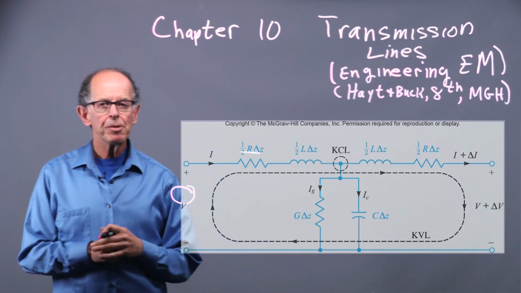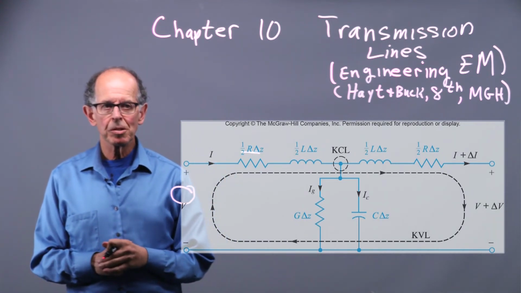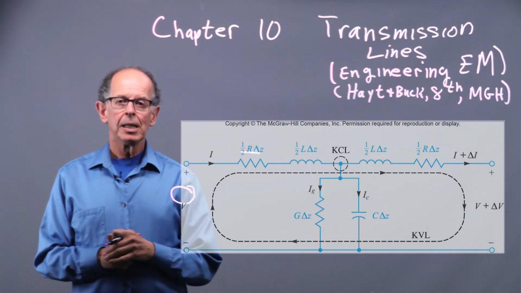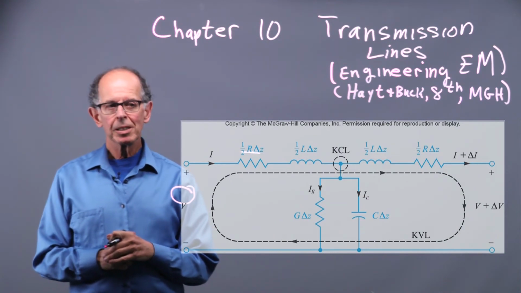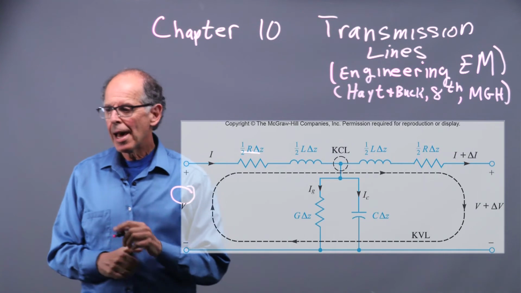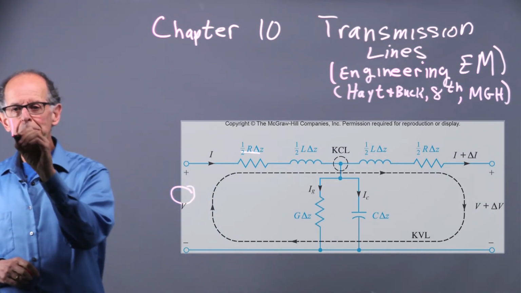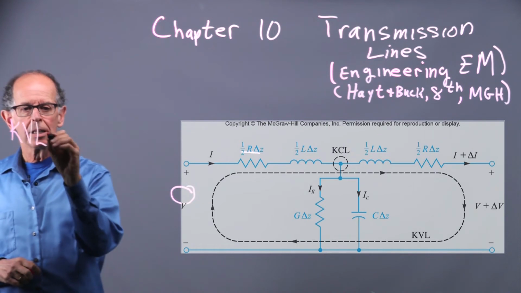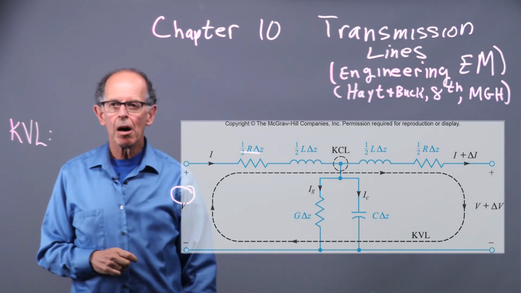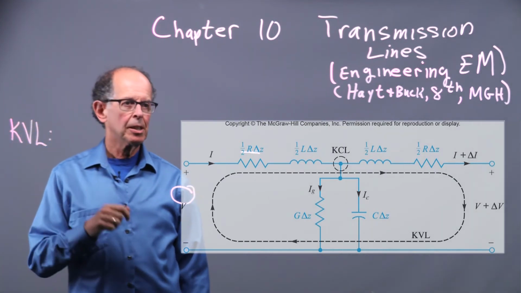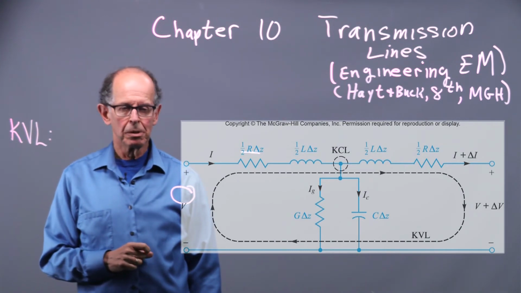So we have two things to do to get the equations involved. These are circuit equations, so we all are comfortable with circuits. And the first thing we're going to do is apply KVL, Kirchhoff voltage law, to the dashed line, that loop.